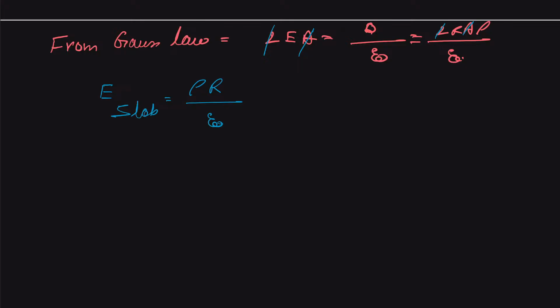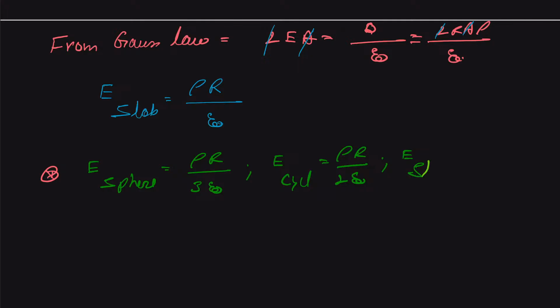So we found out that the electric field due to the sphere is rho r upon 3 epsilon naught. The electric field due to the cylinder is rho r upon 2 epsilon naught, and the electric field due to the infinite slab is rho r upon epsilon naught.